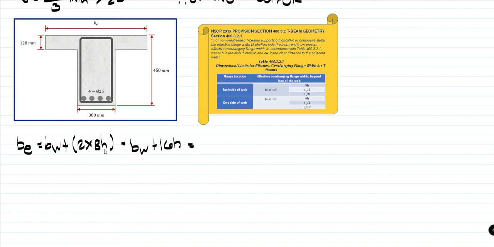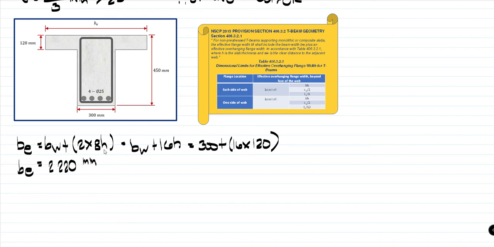So, that will be a value 300 plus 16 times the thickness 120 mm. So, from this one, we have an effective flange width equivalent to 2,220 mm.